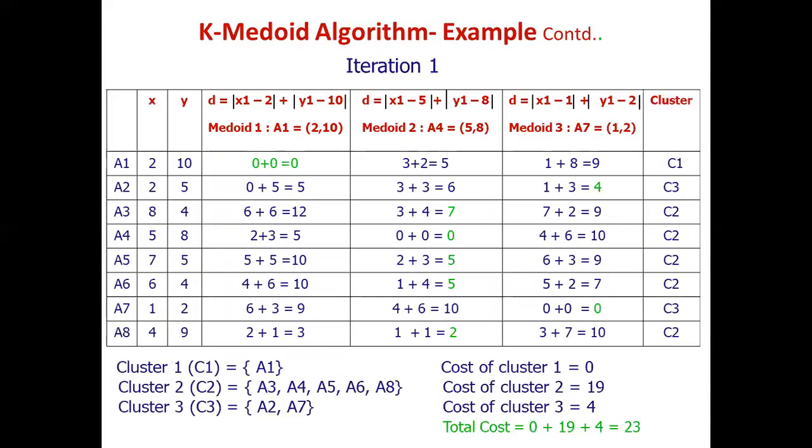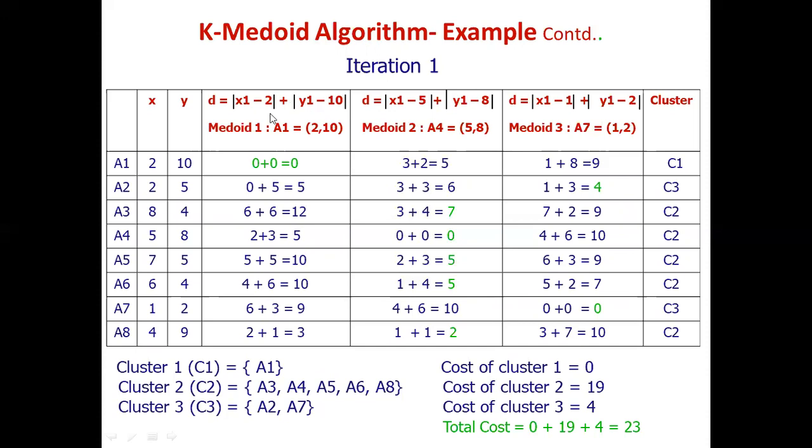Now we will see iteration 1 of the algorithm. Here we calculate the distance from n minus k non-medoid objects to k medoid objects. Already we have chosen A1, A4 and A7 as medoids for the first, second and third cluster respectively. The distance is calculated using Manhattan distance. After calculating the distance, place the data objects in the cluster with the nearest medoid.